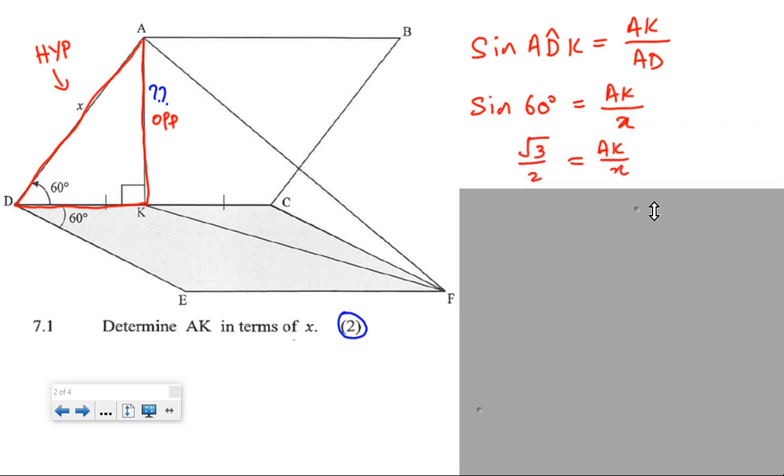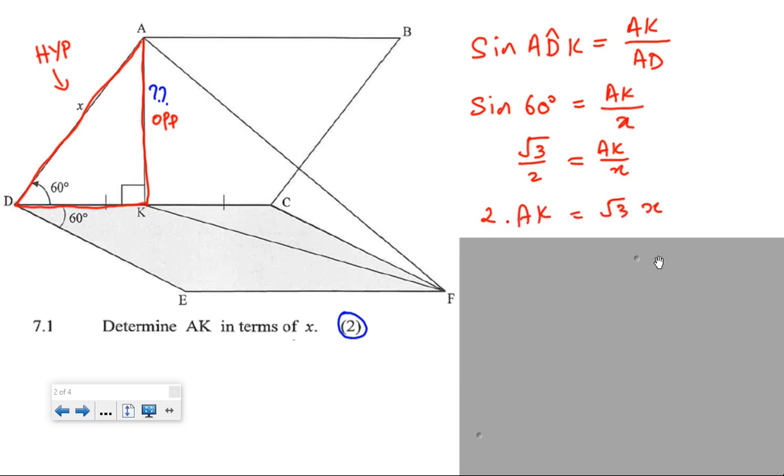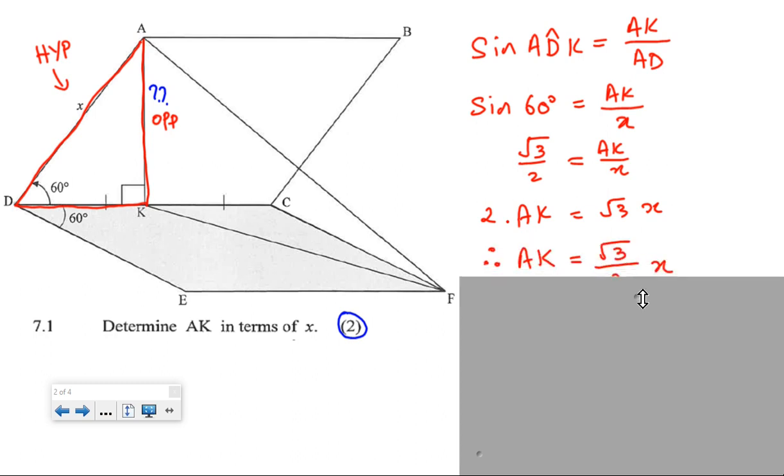But sine of 60 is actually the square root of 3 over 2, and AD is x. Cross multiply, you get 2AK equals square root of 3 x, and therefore AK is the square root of 3 over 2 x. Simple grade 10 work.